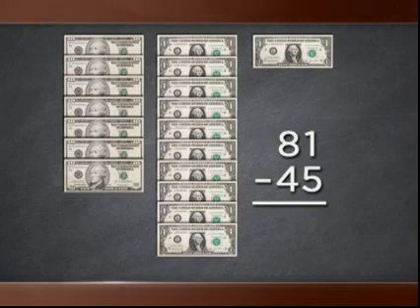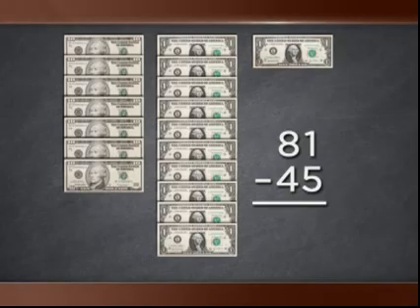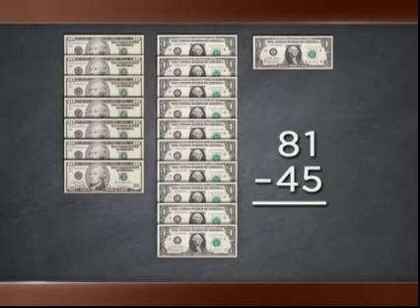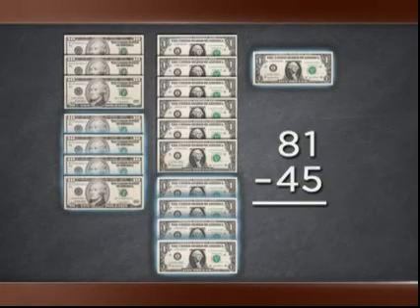Now, if you think about it, it's the same amount of money, right? It's still $81. But now, by having exchanged that one $10 bill, we can give someone the $45 that they wanted. And that's exactly what we're going to do in the subtraction problem that we started with.